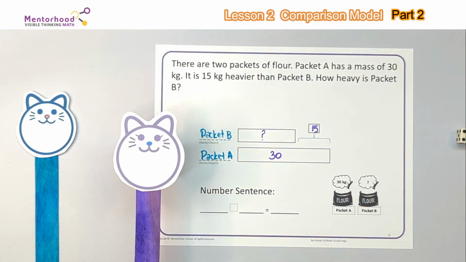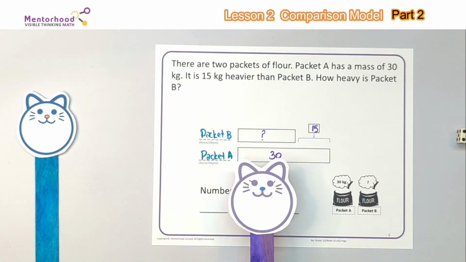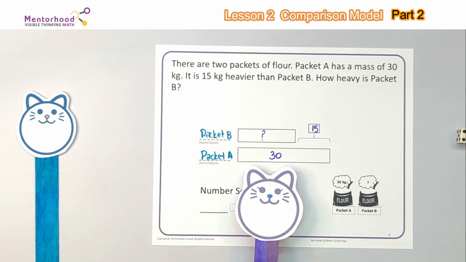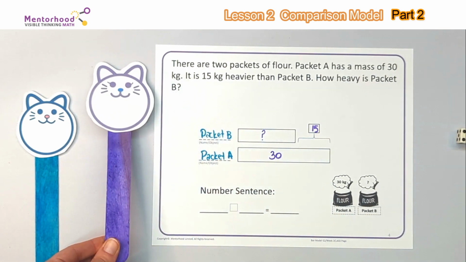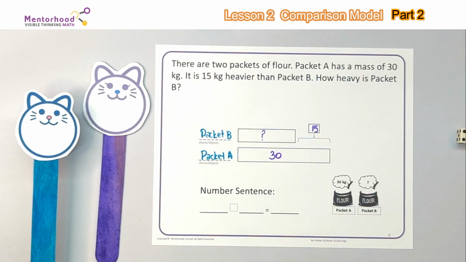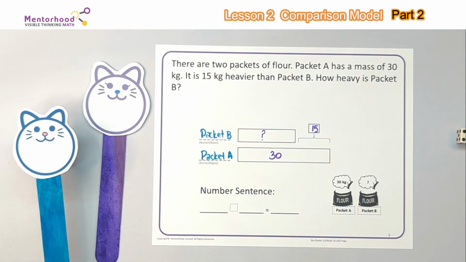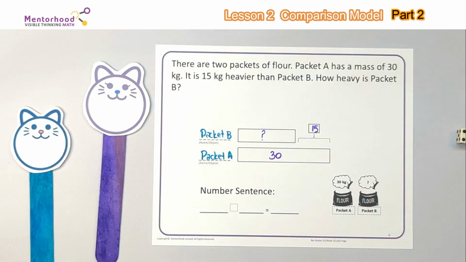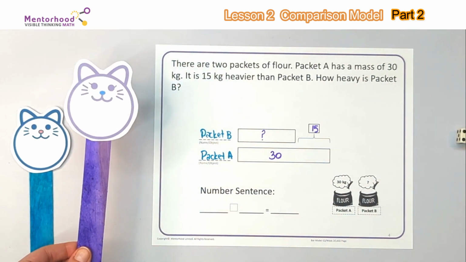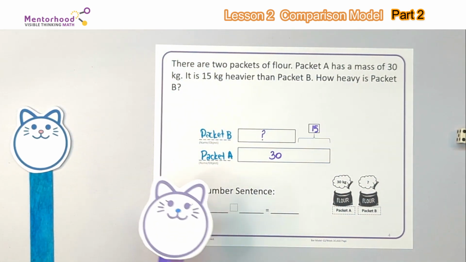That's right, so we want a smaller number than packet A. Now, how do we get a smaller number than packet A? Oh, I know. Smaller, you would want to subtract, right? That's right. Let's put a subtraction symbol in our number sentence.